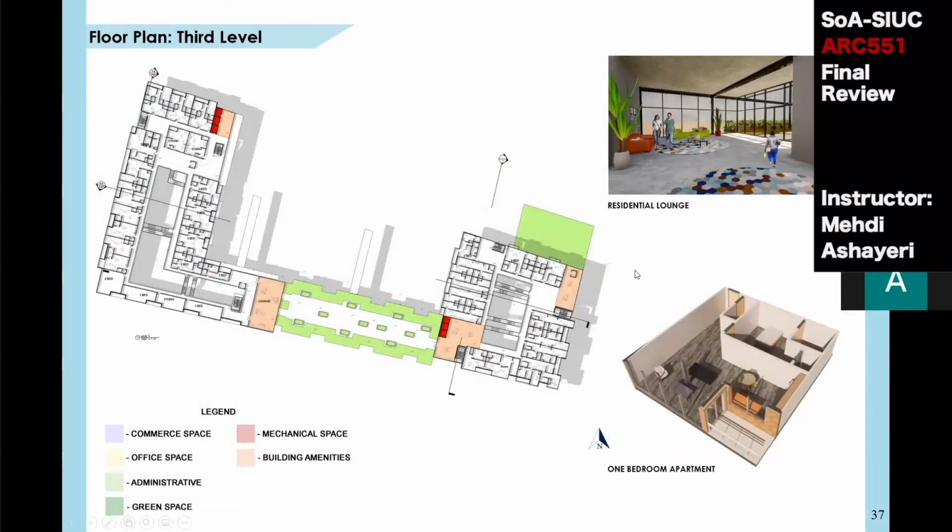Following that is my third level, where I incorporated a larger green roof, which, as we know, helps reduce the energy consumption and heat island effects of the overall building.